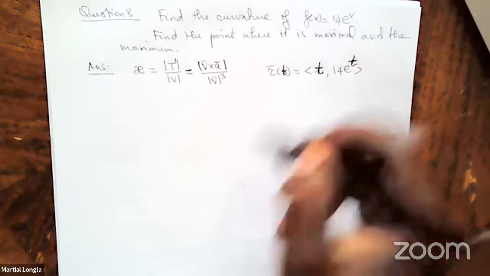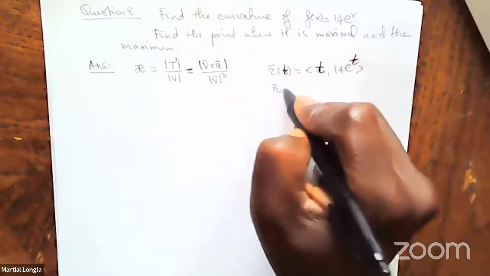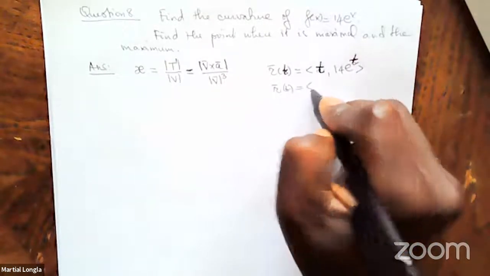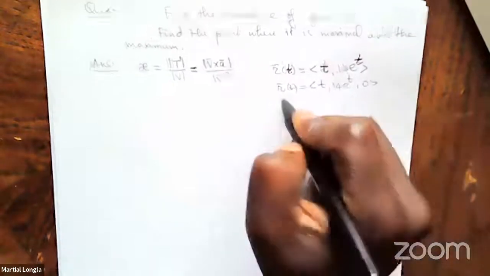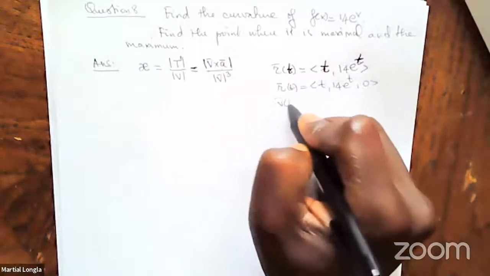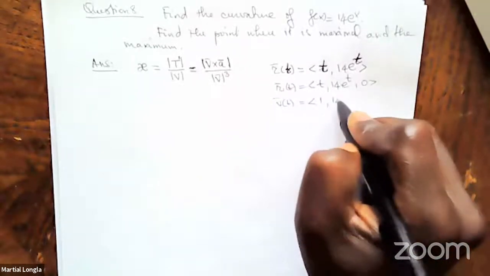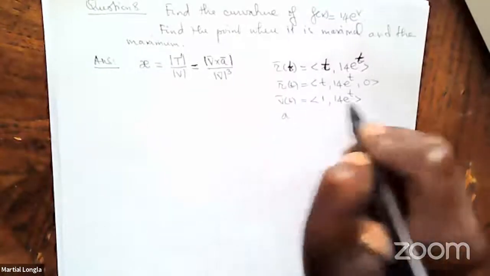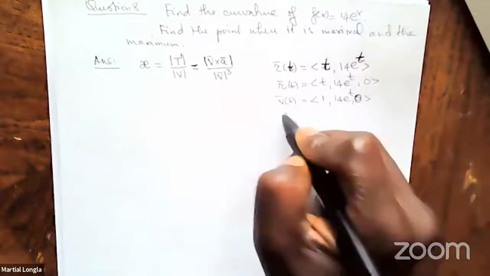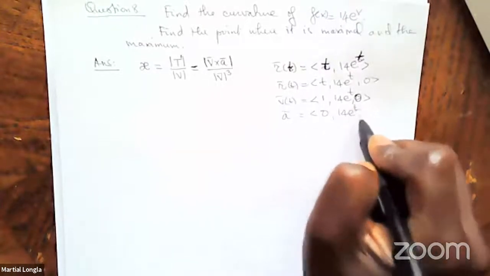And so, what you want to do is make sure that you add that extra zero, to get r of t as t, 14 e to the t, and 0. And then your v of t is going to be 1, 14 e to the t, and 0, and your a is going to be 0, 14 e to the t, 0.